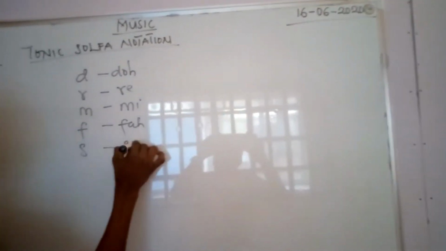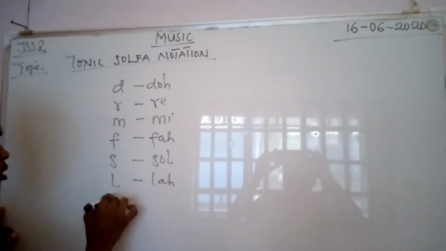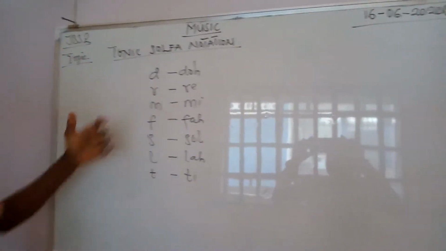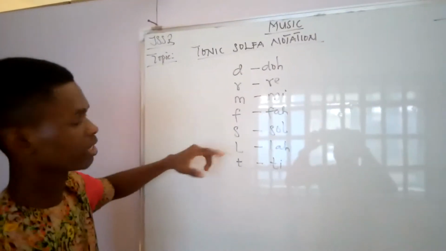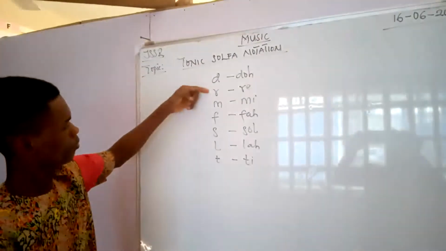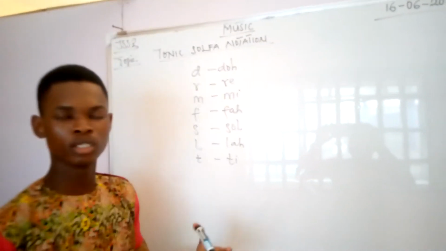S, Sol. L, La, and then T is Ti. So in tonic sol-fa, we use these 7 notes: 1, 2, 3, 4, 5, 6, 7. Do, re, mi, fa, sol, la, ti. So those are the notes we use in tonic sol-fa for reading music.